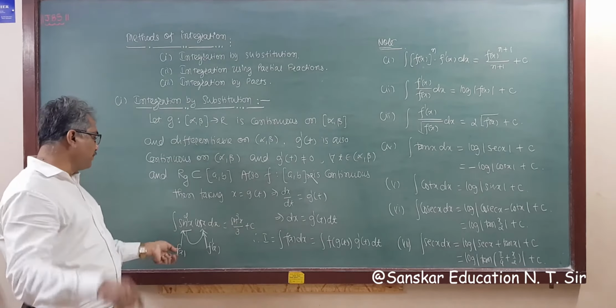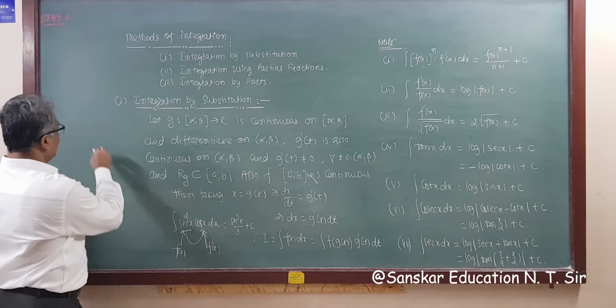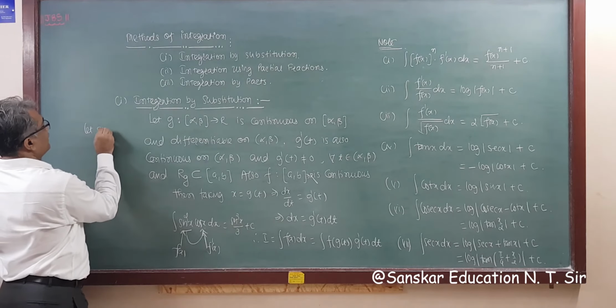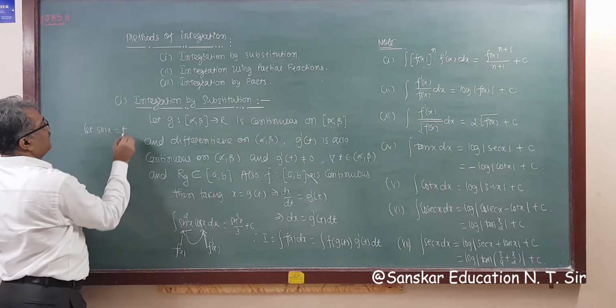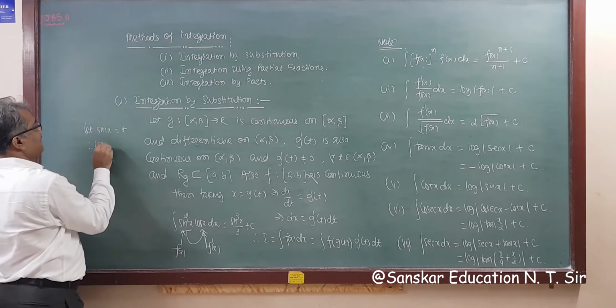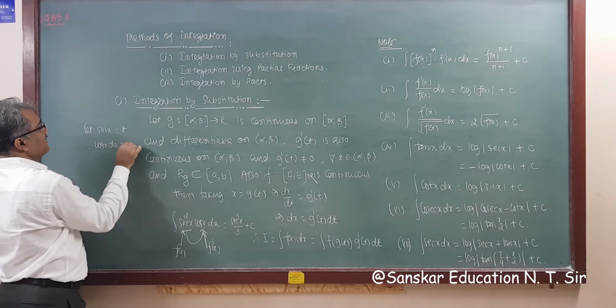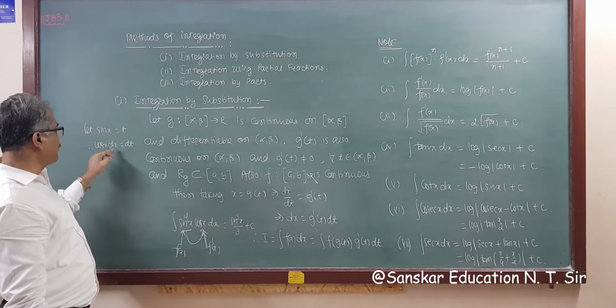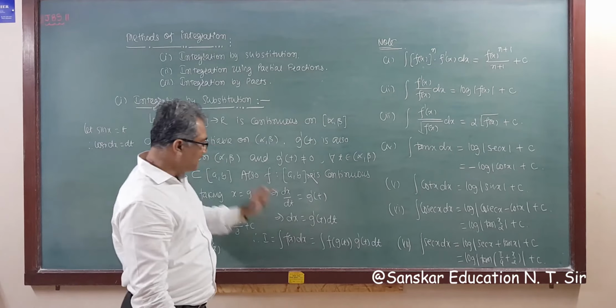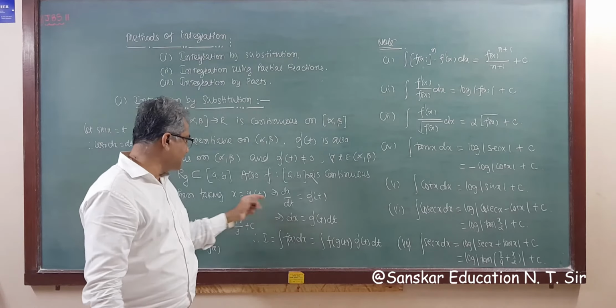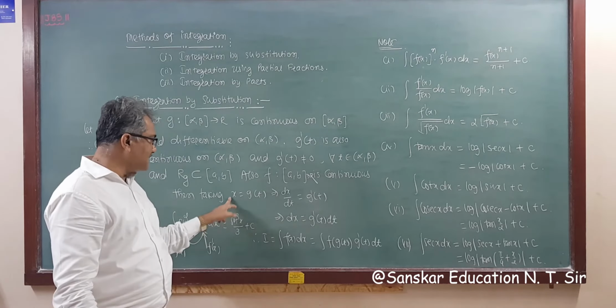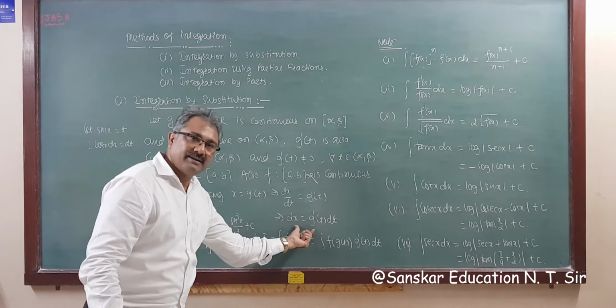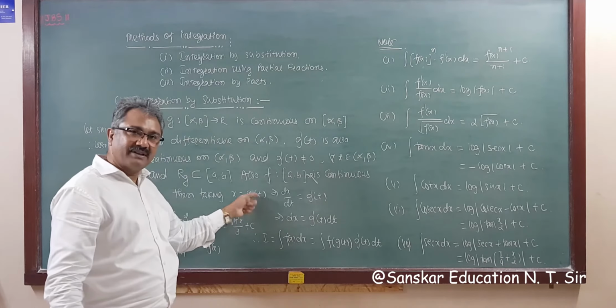And if we assume that let sin x is equal to t, then differentiating, cos x dx is equal to dt, because we are differentiating with respect to t, so we have to multiply by dx by dt, same as we did here. So if x is equal to g(t), then dx is equal to g dash t dt, because we are differentiating this function with respect to t.